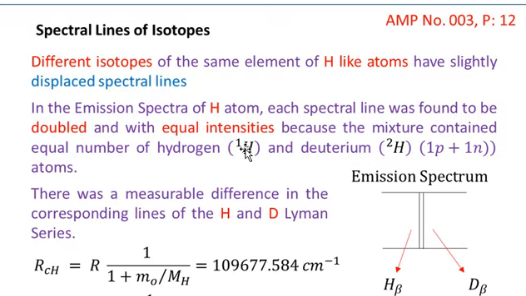You see that hydrogen contains one proton only, and deuterium contains one proton plus one neutron. So here the mass of the nucleus of the deuterium atom is different from that of the hydrogen atom because of the inclusion of the one neutron there.